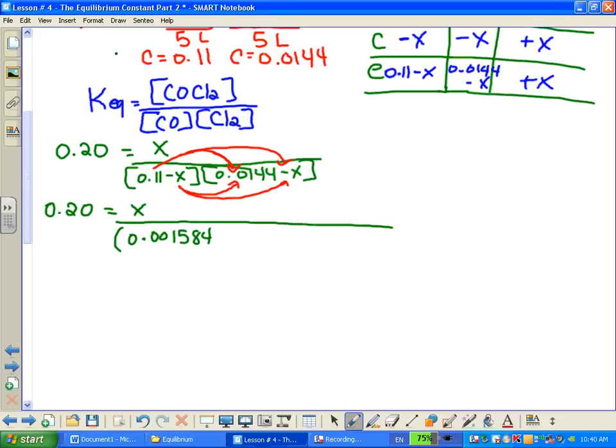Obviously, 0.11 times negative x is negative 0.11x. And then the same thing for 0.0144x. And then negative x times negative x, you get a positive x squared.